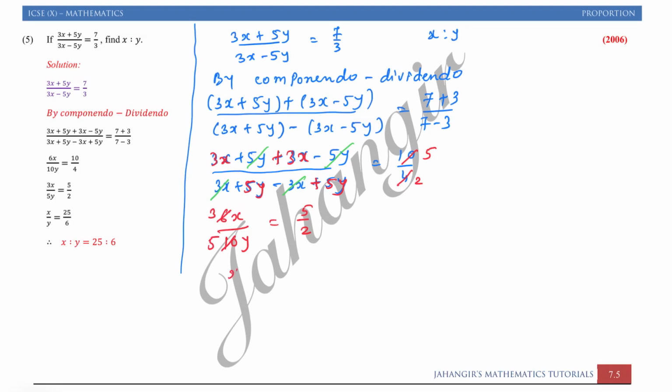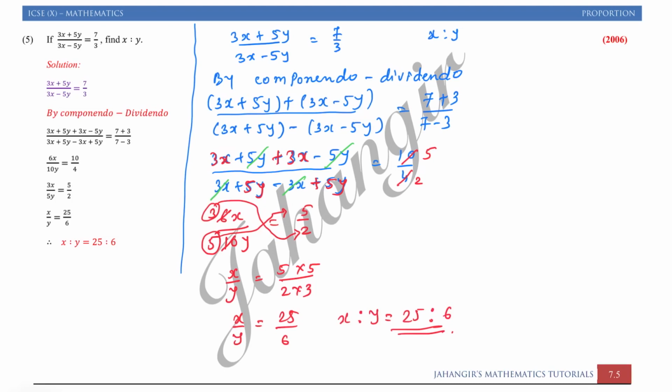Now we will keep x upon y as it is. This 5 we can cross multiply over here, so that will become 5 into 5, and 3 you can cross here. It's a cross multiplication, 2 into 3. So therefore x by y is equal to 25 by 6. So therefore x is to y is equal to 25 is to 6.